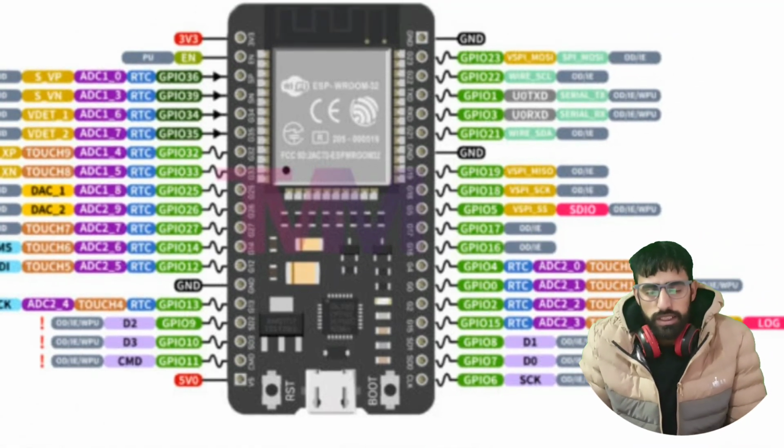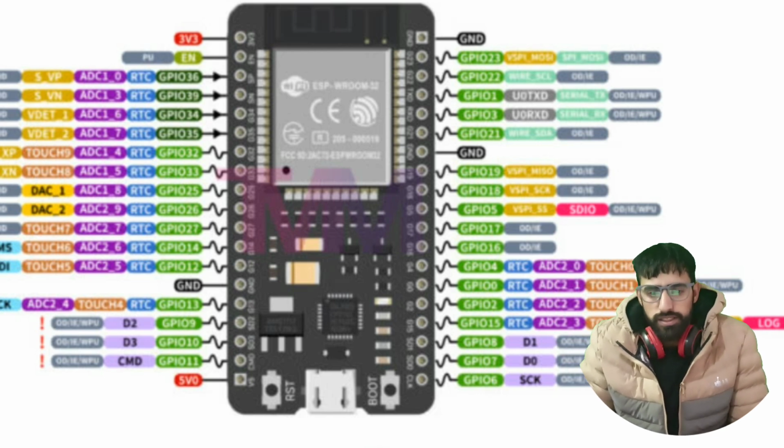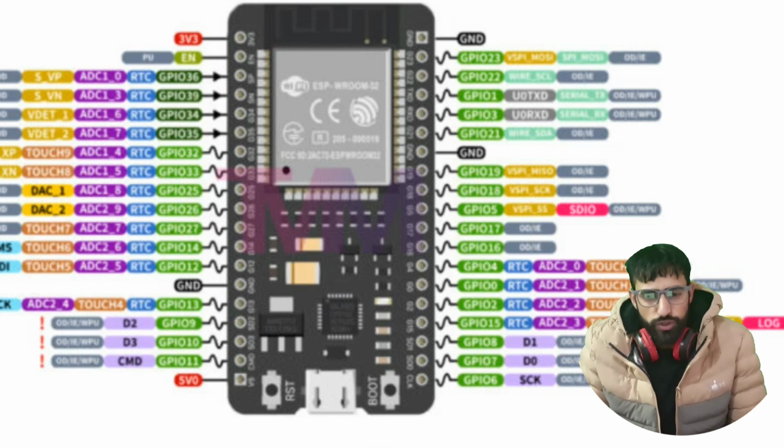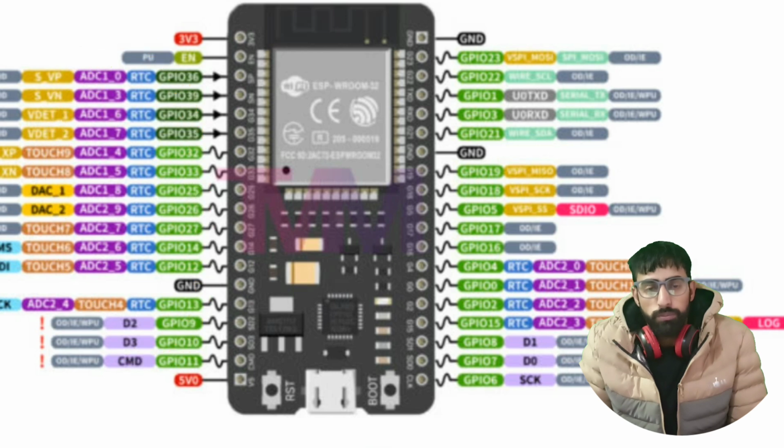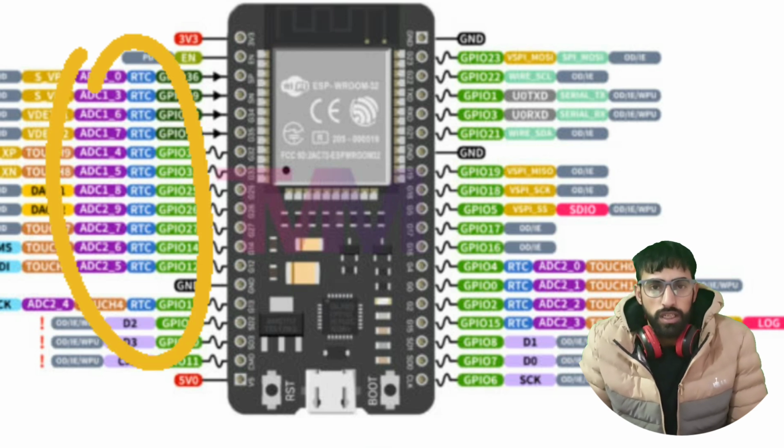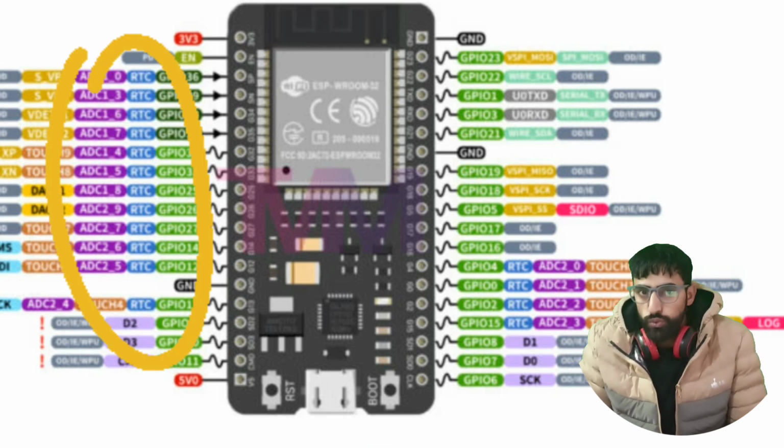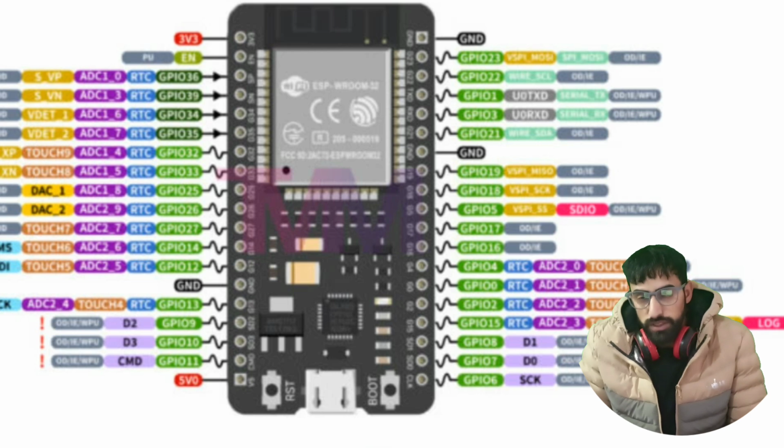So in the ESP32 there are ADC and DAC pins, analog to digital and digital to analog converters. There are two versions of the ESP32, one with 35 pins and another with 39. Remember that.